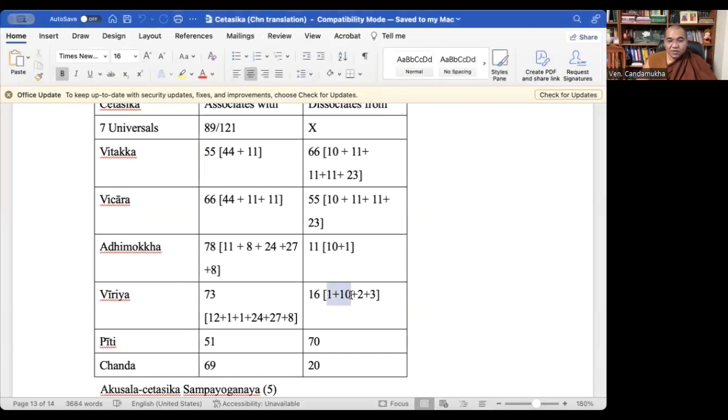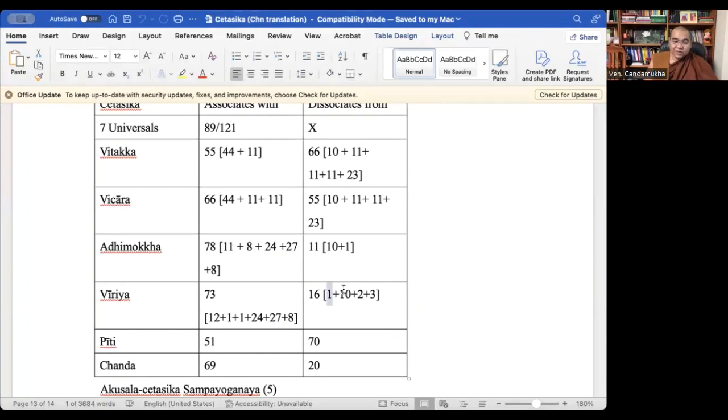If you know the 16, then you can easily recognize the 73. The 16 all belong to Ahetuka, rootless consciousness. So rootless consciousness, Pancadvaravajjana, five-door adverting consciousness. You don't need any effort to make. Like a receiver, an internet receiver or radio channel receiver or something like that, its function is just to receive.